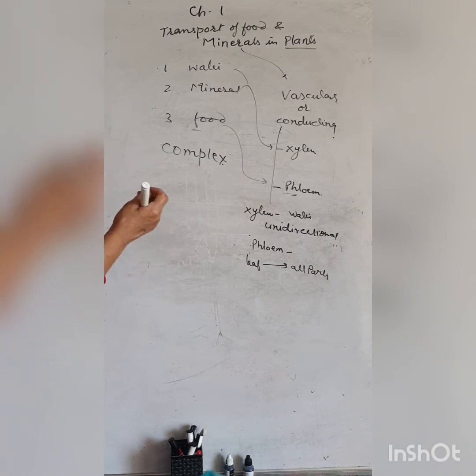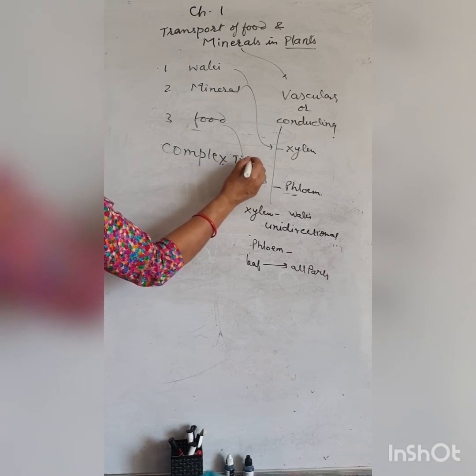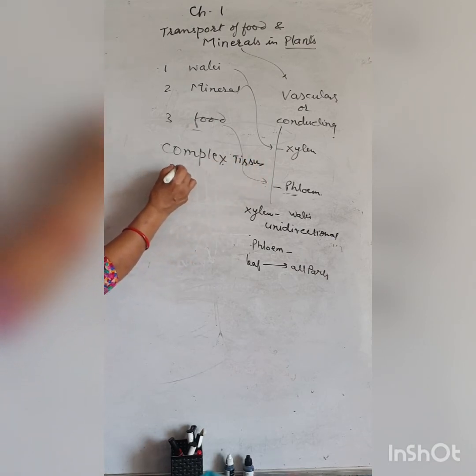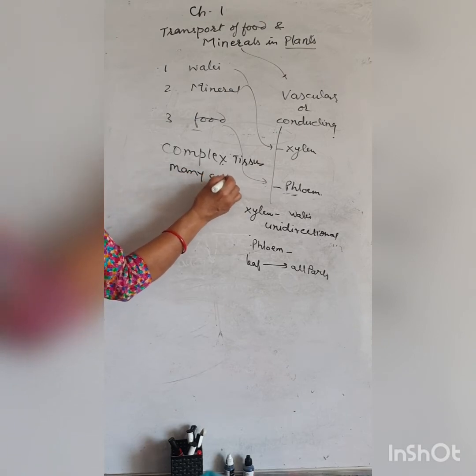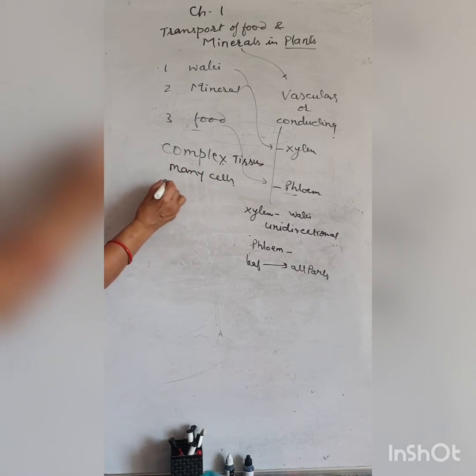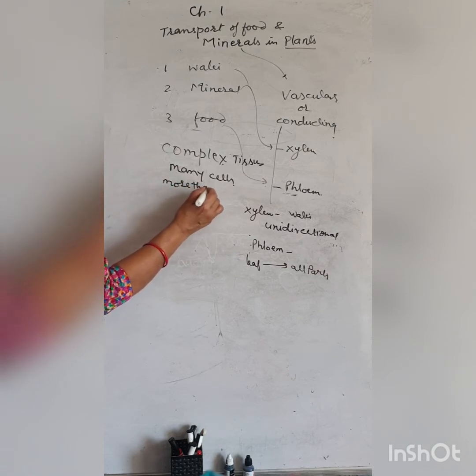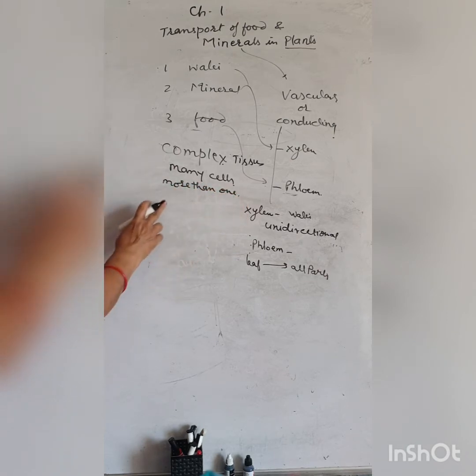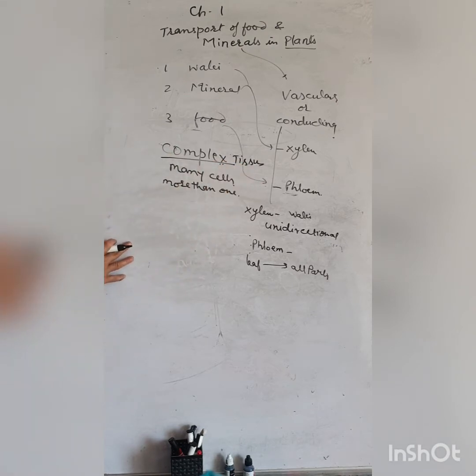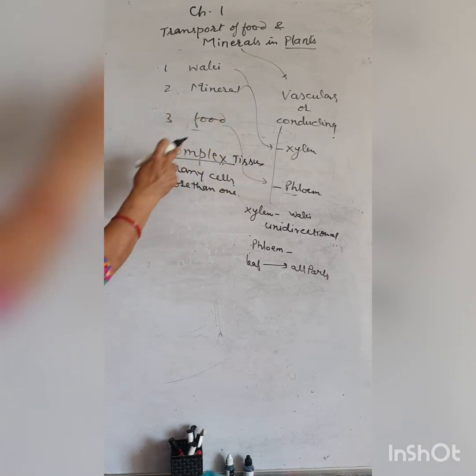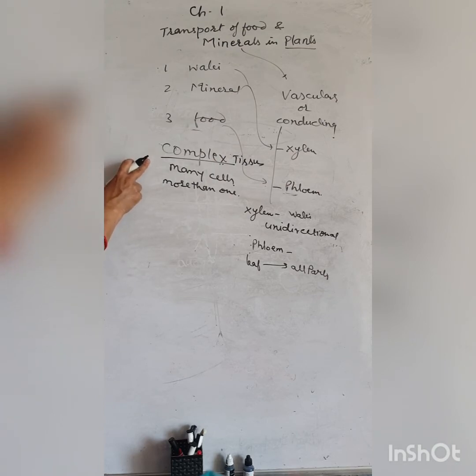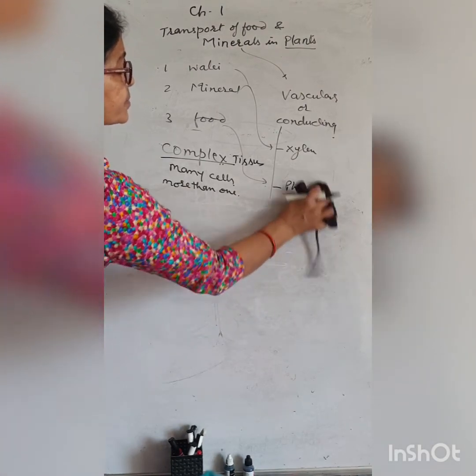Complex tissue is made up of many kinds of cells, more than one kind of cell. Xylem and phloem are both complex tissues. It means they are made up of different types of cells.